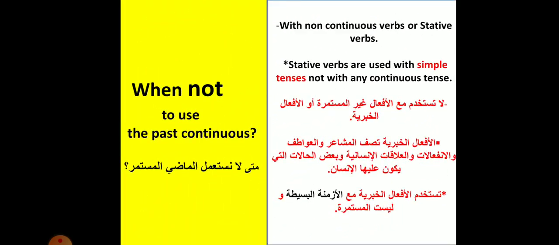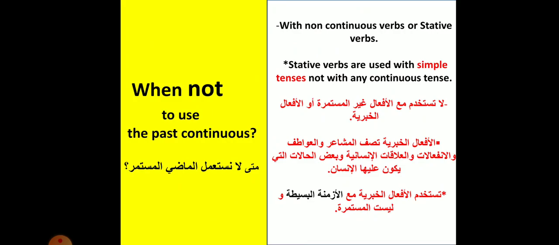When not to use the past continuous. The past continuous is not used with stative verbs or with non-continuous verbs. Pay attention. The stative verbs are used with simple tenses, not with any continuous tense.